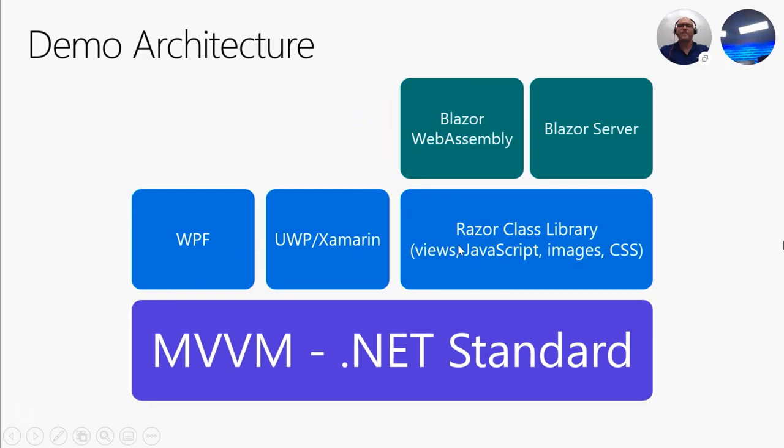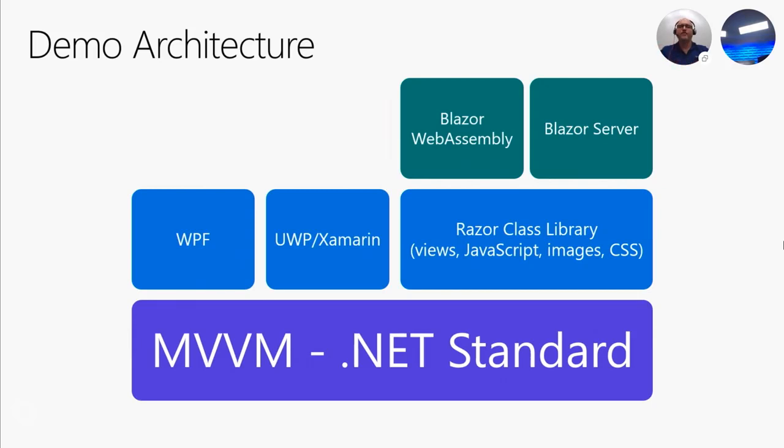The next step up, one of the things I love about the architecture of Blazor is the support for Razor class libraries. Razor class libraries are, again, .NET Standard 2.0 libraries, but they can contain view information, JavaScript, images, and CSS that are referenceable from other Blazor projects.